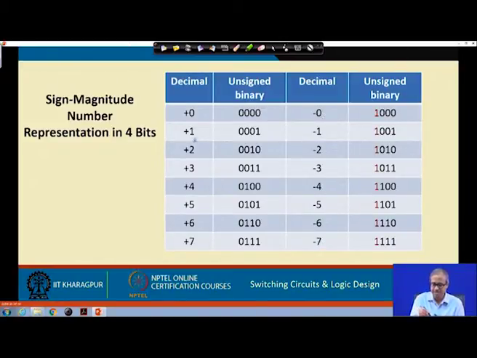So, you see that you can represent a total of 15 distinct numbers, because plus 0 and minus 0 are having 2 different representations, and on one side I can represent plus 1 to plus 7, on the other side minus 1 to minus 7. So, 14 plus 1, 15 total numbers I can represent. Okay.